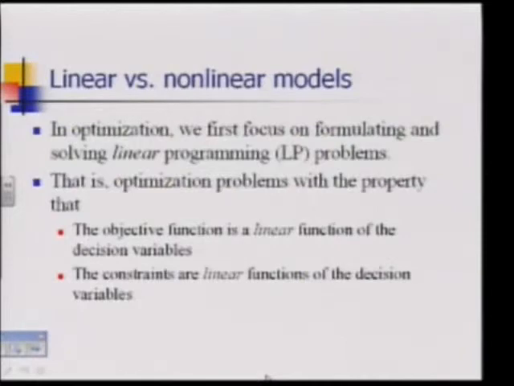That means the objective function is linear, and also the constraints are linear. In this case, constraint means what? Something like x1 plus x2 cannot be greater than 5, and so on. Those are linear constraints. You can say, for instance, x1 is within 0 to 5, x2 is also within 0 to 5.